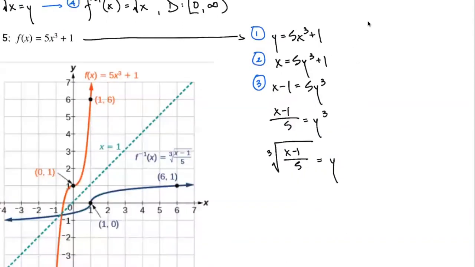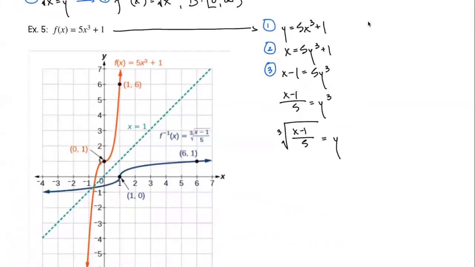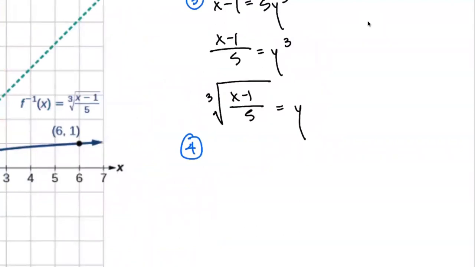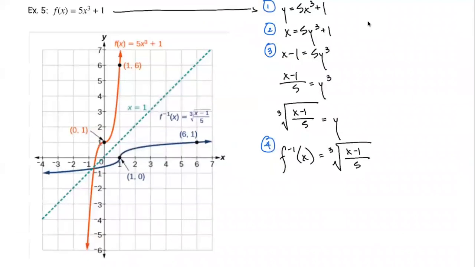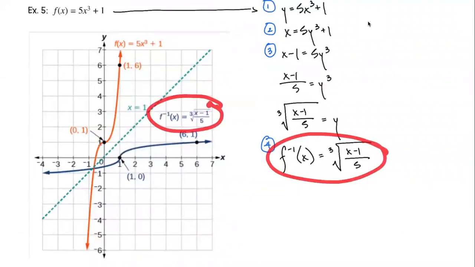All right, so we found our inverse, but don't forget about using that proper notation, right? Instead of writing y, we're going to replace that with the inverse notation. And so we can say the inverse is this cube root of x minus 1 over 5. Right? So right here, we can see that what we got matches what the textbook has, okay?